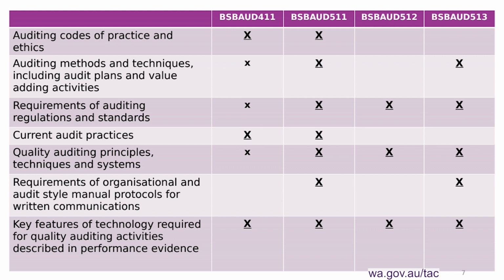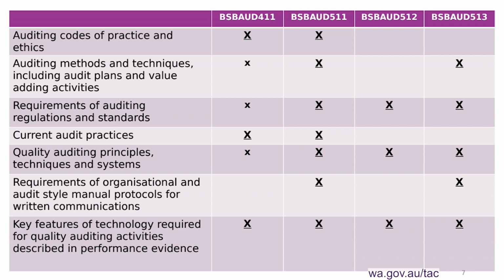Now, the crosses that you can see that are bolded and underlined are where the words in the knowledge evidence are absolutely identical between the units. So if we looked at that first row, for example, auditing codes of practice and ethics appears in both the 411 unit and the 511 unit, and the wording is identical.